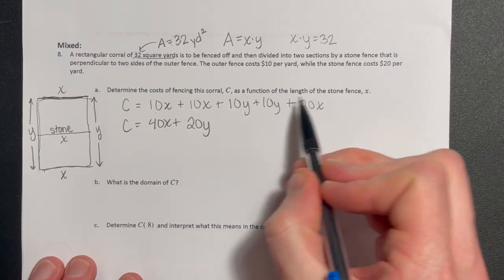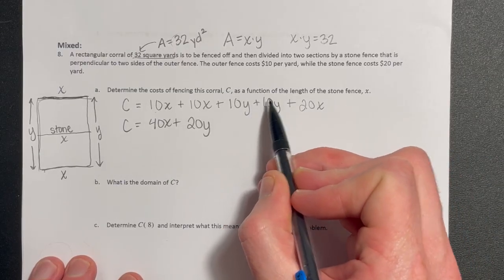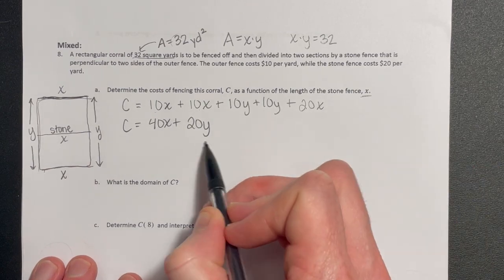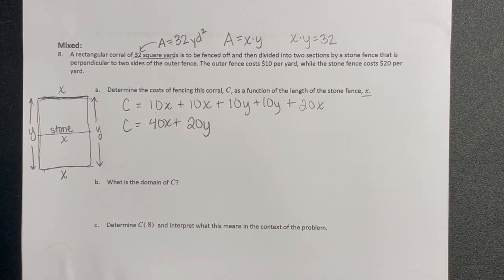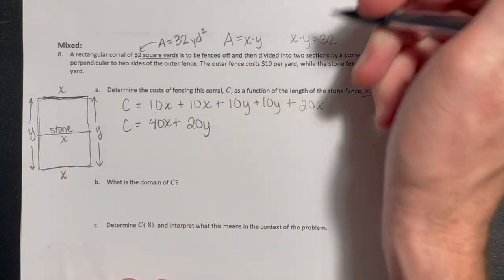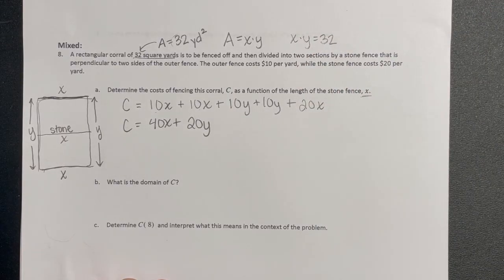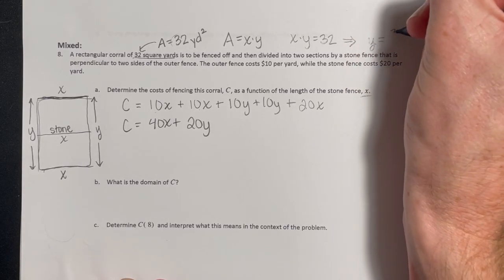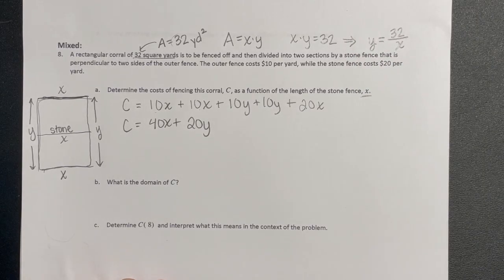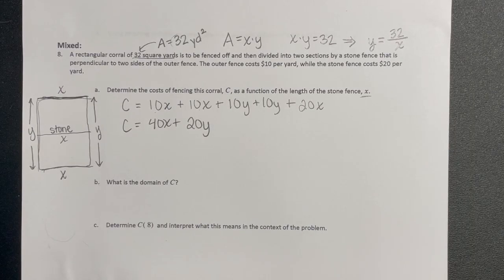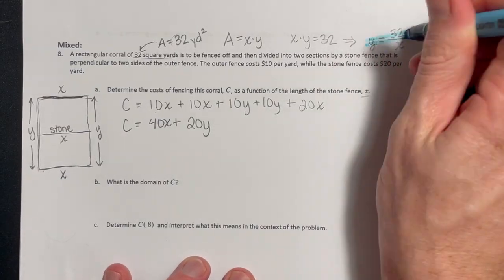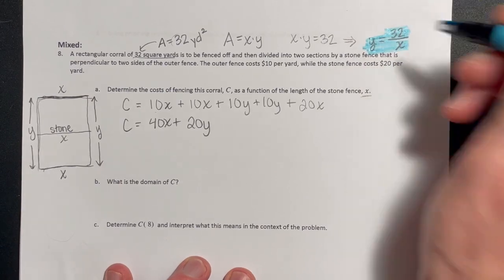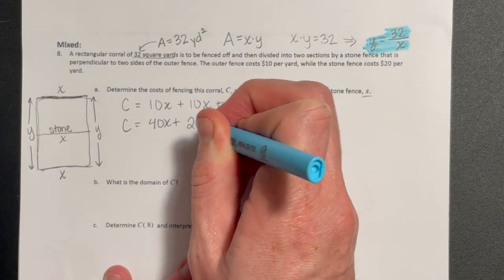Though we want to create a function that only has one input value, and we're going to let the input be x. So I want to somehow replace this y with an expression in terms of x. Because we knew something about the area, I have a relationship between x and y that we can use. So I want to take this and solve for y to say that y is equal to 32 divided by x. That allows me to substitute something in place of y. So if y is 32 over x, then I can put that in this y spot.